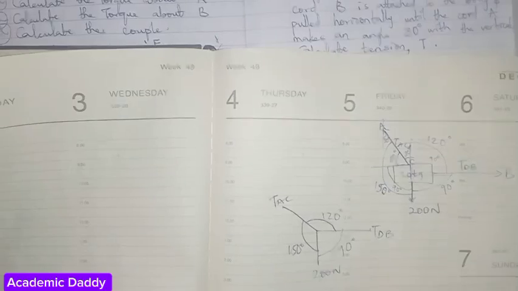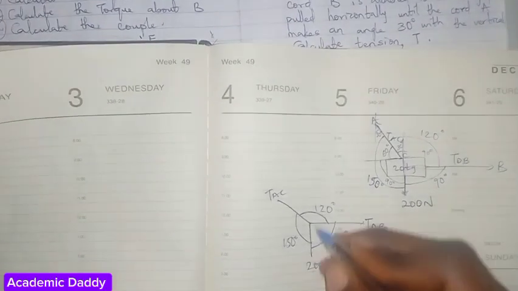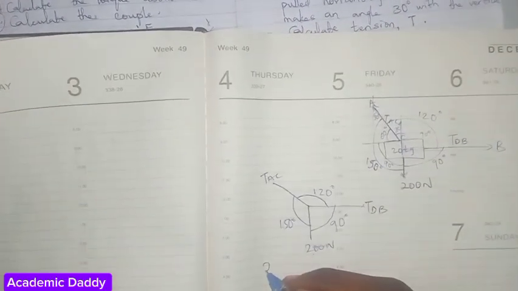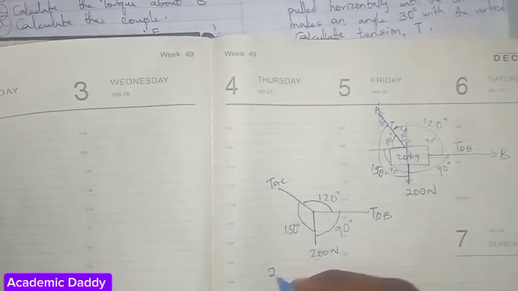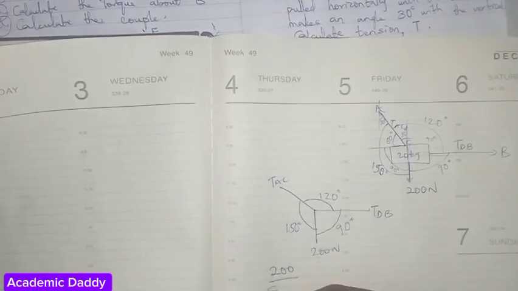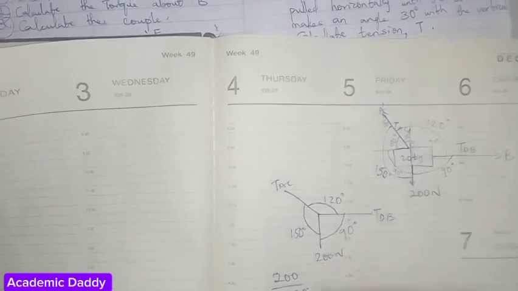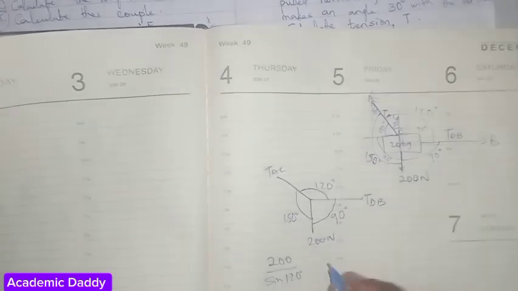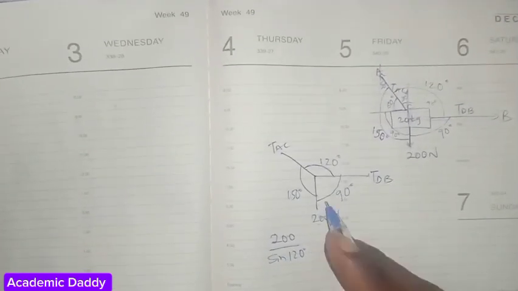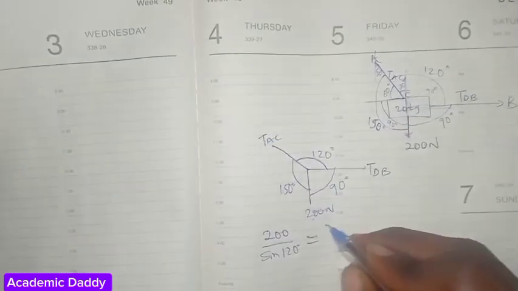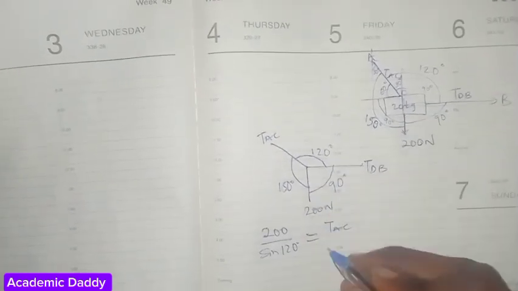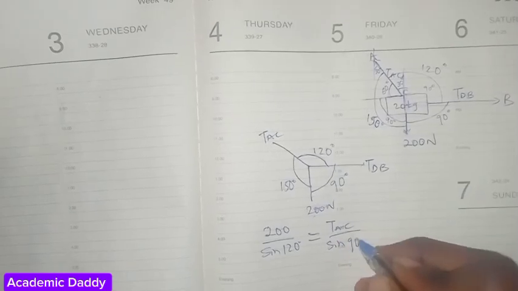This side is facing 120, so I can say 200 Newton all over sine 120. You can also do sine 120 all over 200. So it equals TAC facing this angle, sine 90.